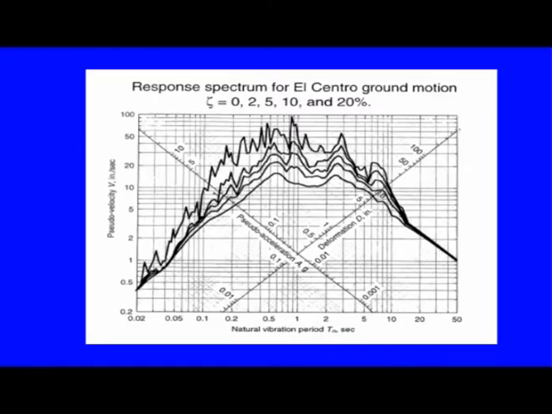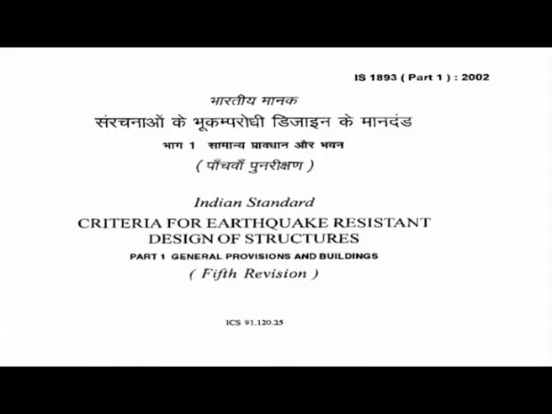Now let me come back to the actual code which we follow. Already I have shown the front page, that is the criteria for earthquake resistant design of structures. So these are the general provisions and buildings.